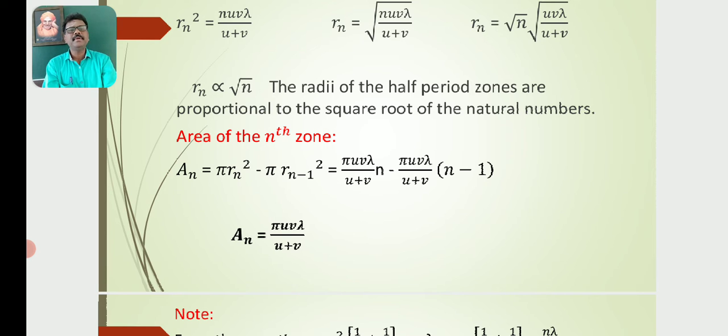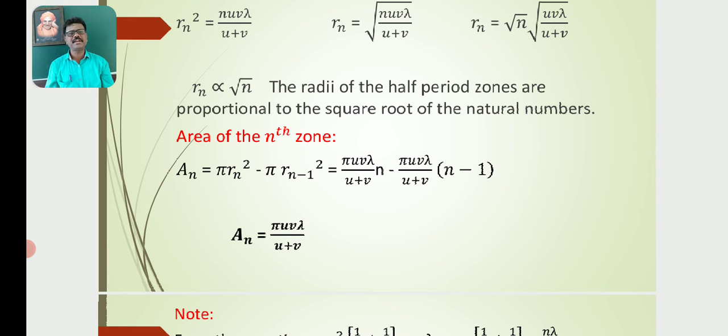The radii of the half-period zones are proportional to the square root of the natural numbers. Then the area of the nth zone, An, is given by pi Rn square minus pi R(n minus 1) square, which is equal to pi U V lambda by U plus V into n minus pi U V lambda by U plus V into n minus 1.